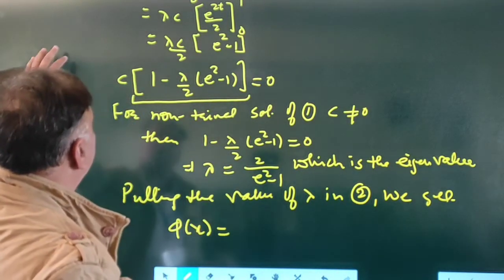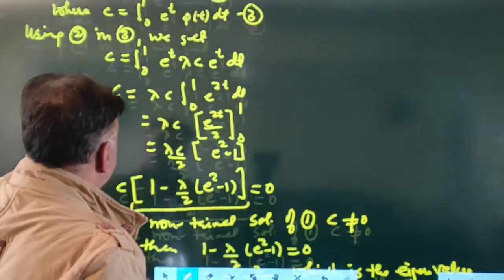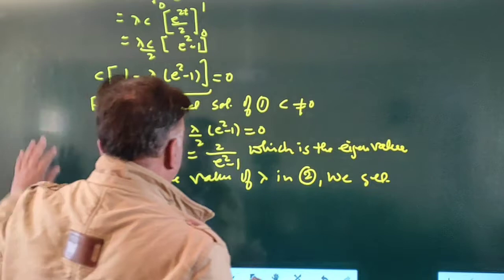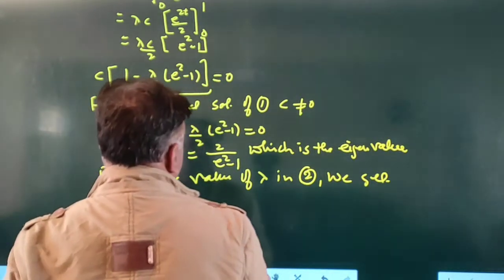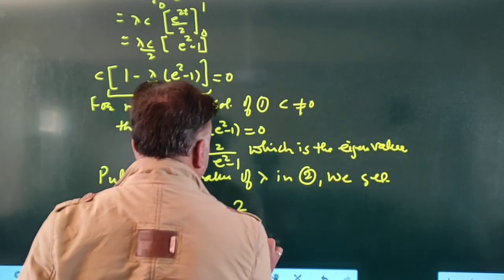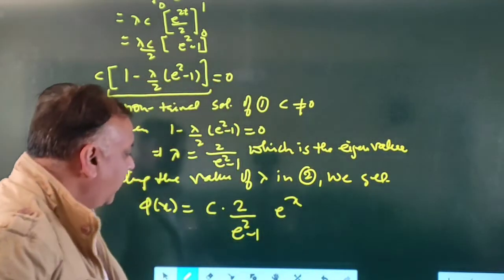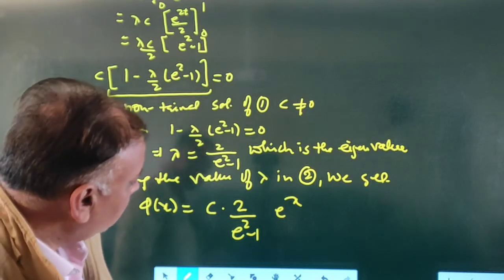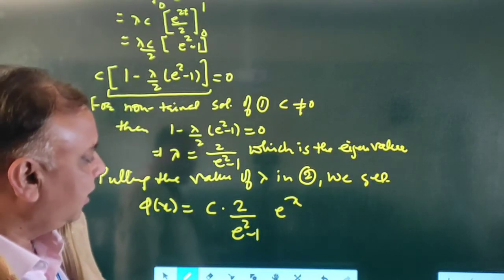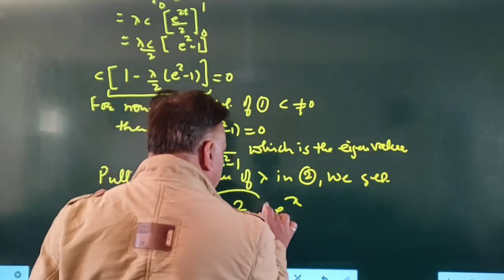Putting the value of lambda in 2, we get phi x is equals to lambda c into e raised to x. Lambda c, that is c into lambda, that is 2 upon e square minus 1 into e raised to x. Phi x is equals to c into 2 upon e square minus 1 into e raised to x. So this is the constant.